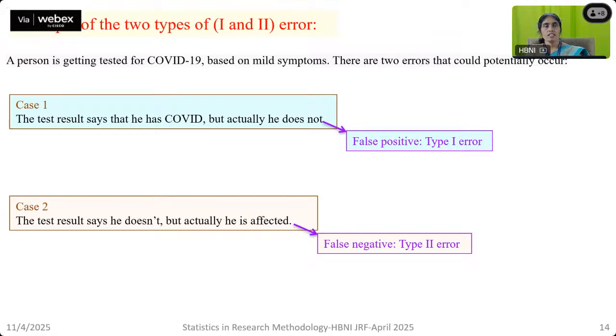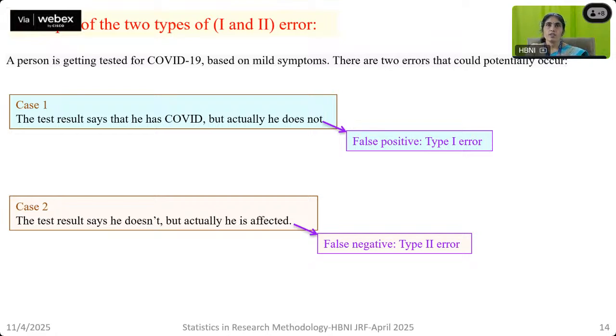In this case, even though he is not diagnosed as a COVID patient, he is truly affected. The second case is more dangerous. So the false negative assumption is dangerous.